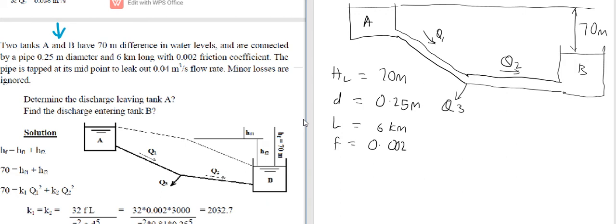Now it is leaking out at Q3, so Q3 is equal to 0.04 meter cubed per second.